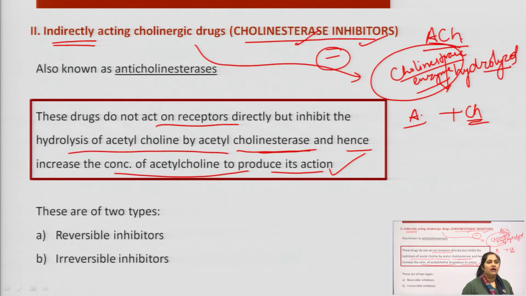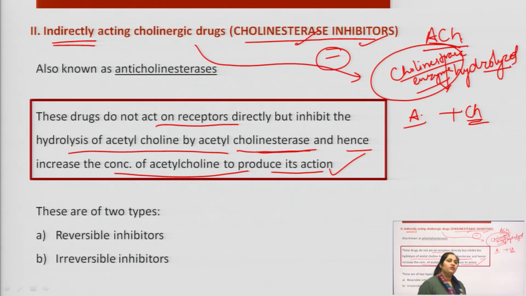So, here is a quick revision of these drugs, like indirect acting drugs. These indirect acting drugs will not bind directly to either the muscarinic or the nicotinic receptor. So, what we need to do is increase the acetylcholine concentration.